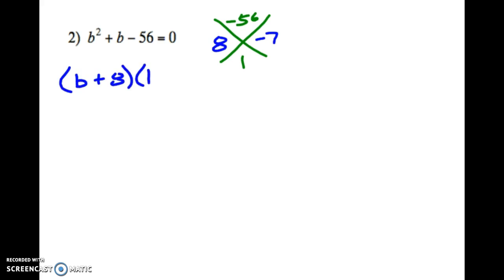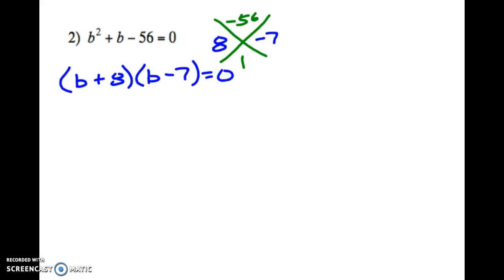If we check out the second problem on the notes, in this case, we're going to look for two numbers that multiply to give us negative 56 and add to give us a positive 1. In this case, hopefully you come up with 8 and negative 7. So the parentheses will be b plus 8 and b minus 7.